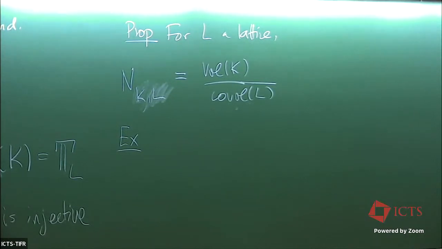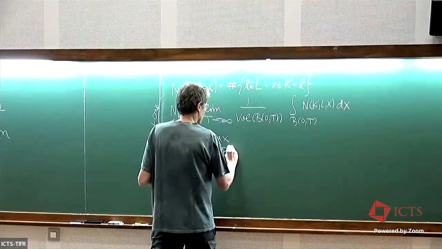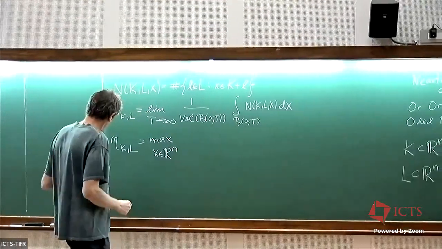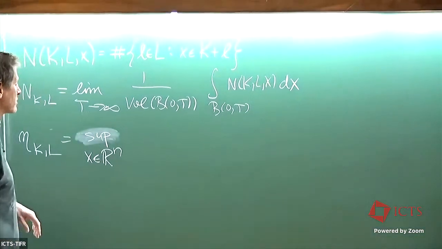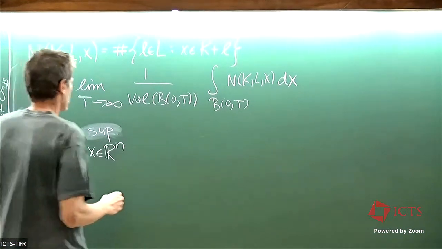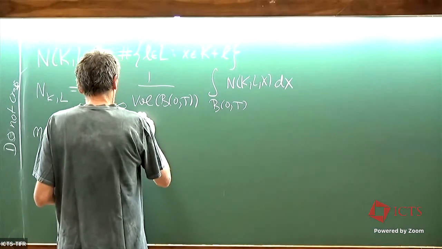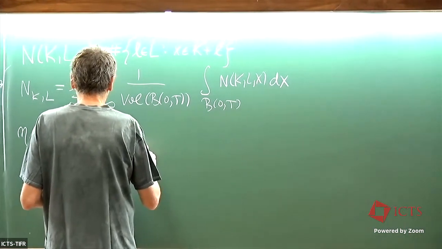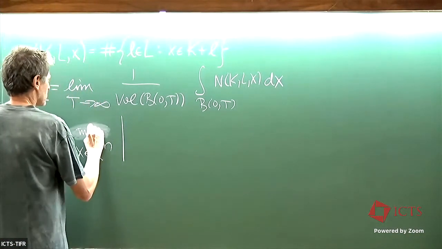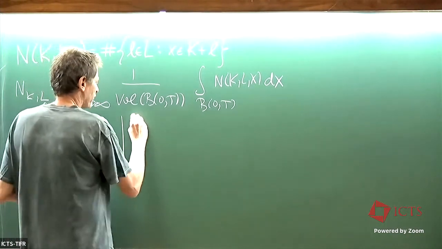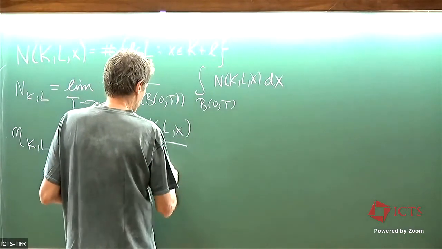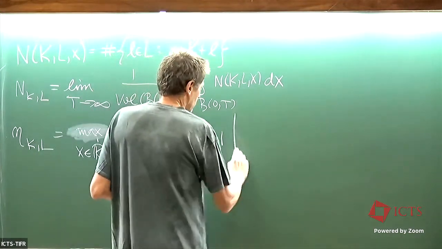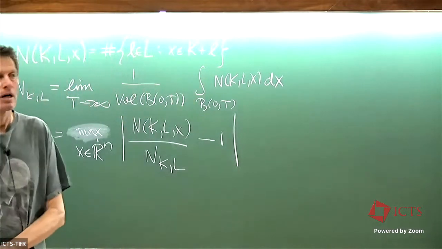So this is the maximum, or the sup, I guess, in general, over X in Rn of the maximum of the value of this function at the point X divided by its average value, subtract 1.